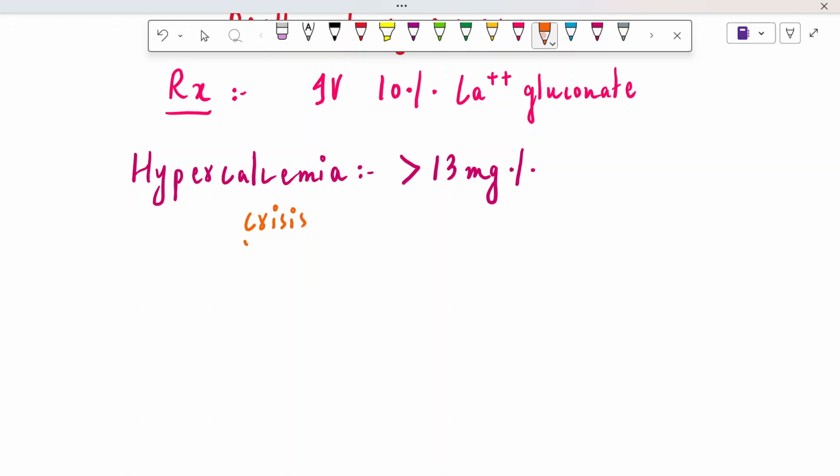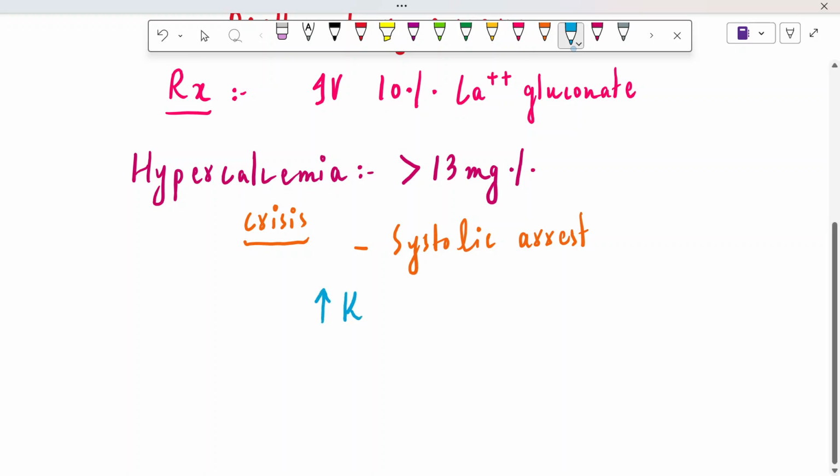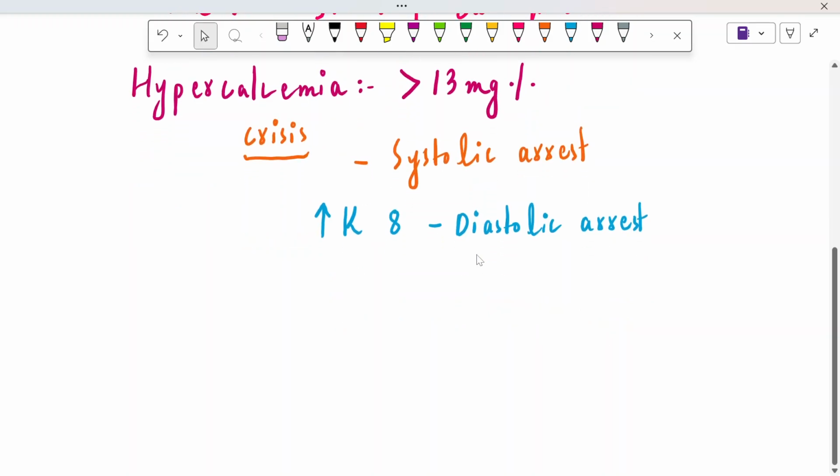The death in case of hypercalcemia results from systolic arrest, and death due to diastolic arrest occurs in hyperkalemia, when there is an increased amount of potassium, mainly 8 milligrams. It results in diastolic arrest and can contribute to mortality, right? Hyperkalemia is related to diastolic arrest, and hypercalcemia is related to systolic arrest.